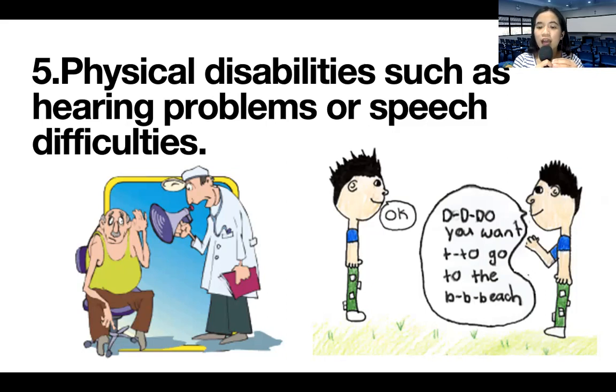So for example, we have here, do you want to go to the beach? So if that happens, most commonly the reaction of the receiver of the message would be like, I can't really understand what he's saying because he's stuttering, right? So it can be a barrier, but we have to know first the person, right?